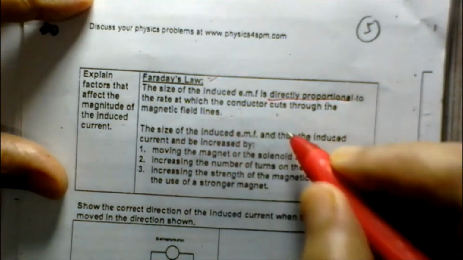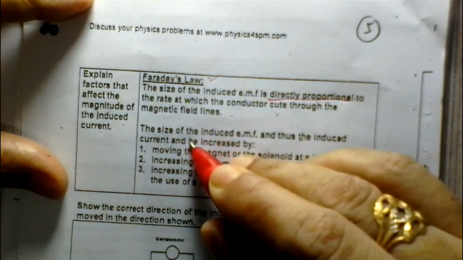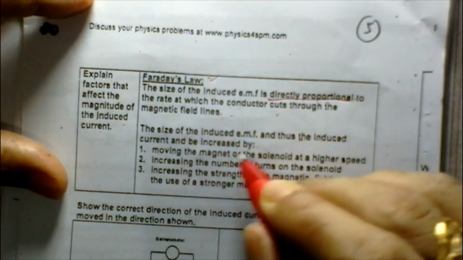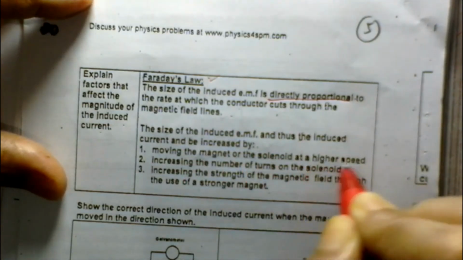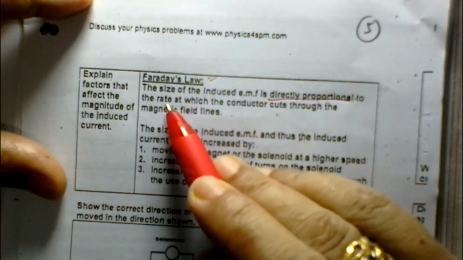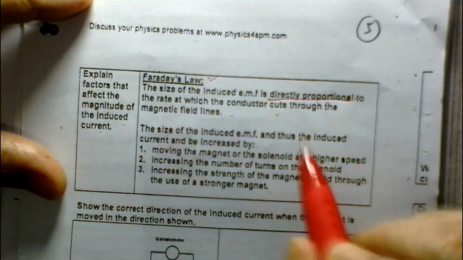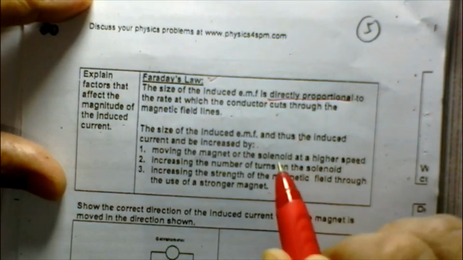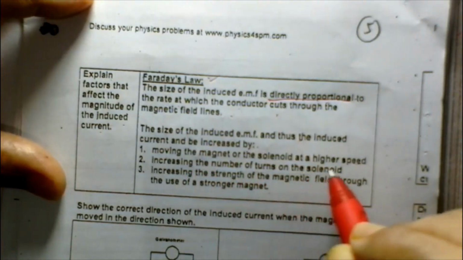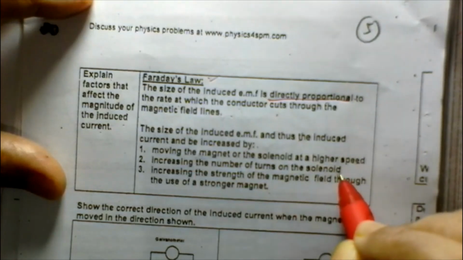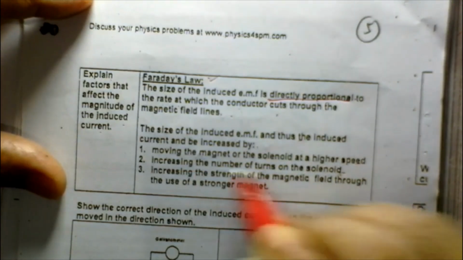So the size of induced EMF, thus the induced current, is increased by moving the magnet or solenoid at higher speed. Higher speed means it will increase the rate of cutting, more lines being cut per second. Increasing the number of turns on the solenoid: more turns also will cut more lines.